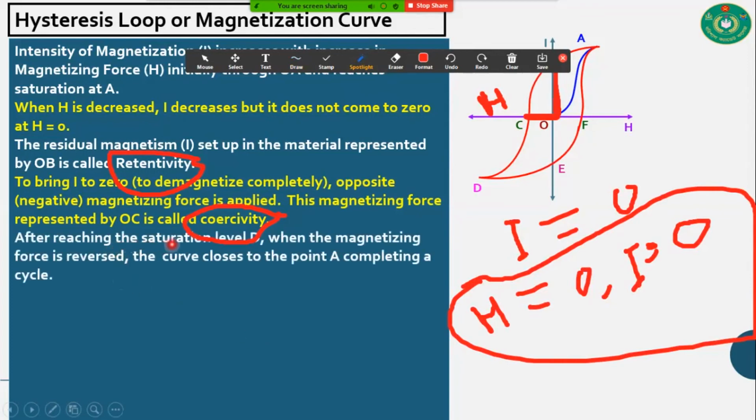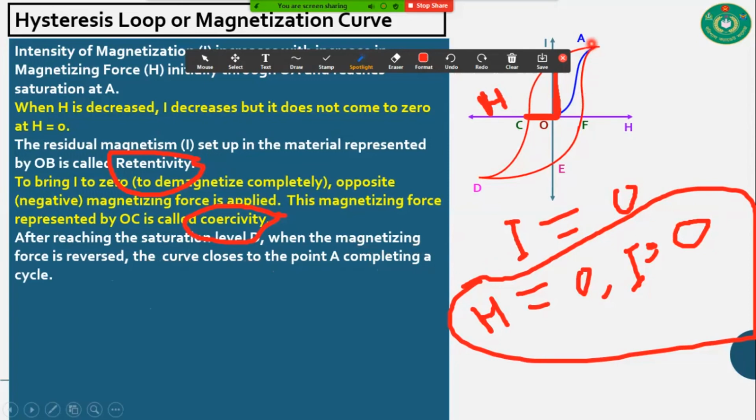After reaching the saturation level D, this is our saturation level for the negative value, and this saturation level is for the positive value of magnetizing force. When the magnetizing force is reversed, the curve closes to the point A, completing a cycle.